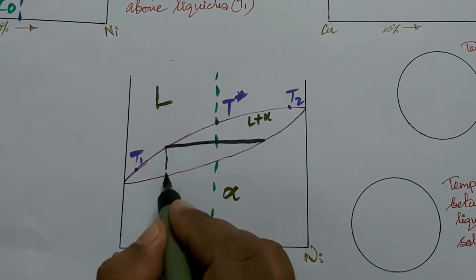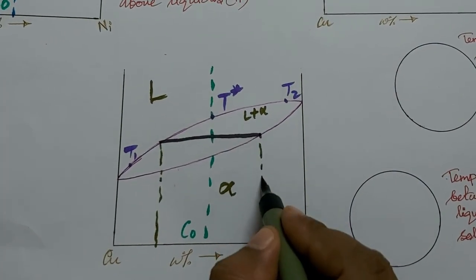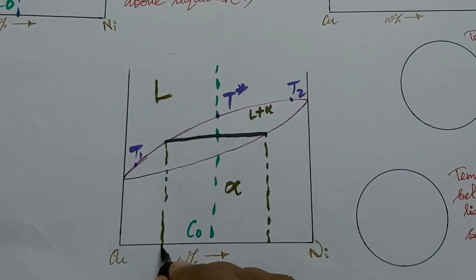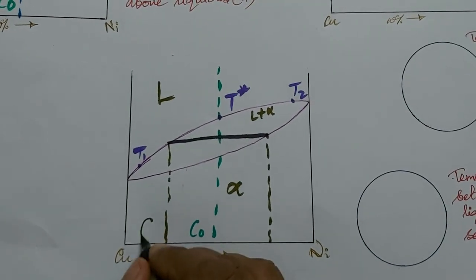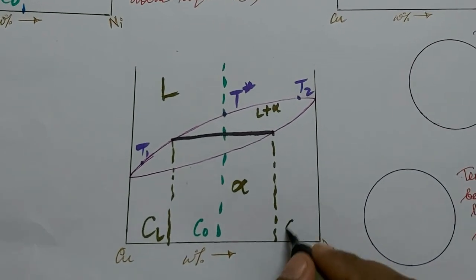So here we have one composition, and in this place also we have one composition. We are naming this composition as Cl and this composition as Cs.